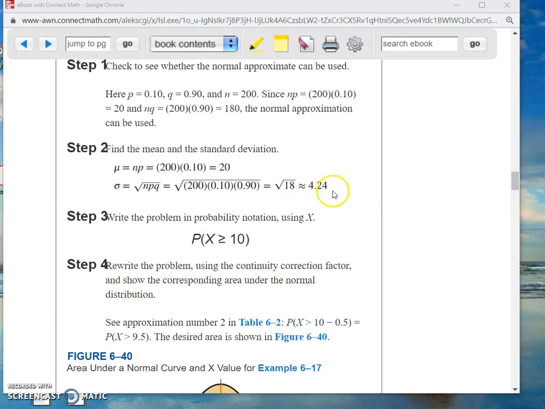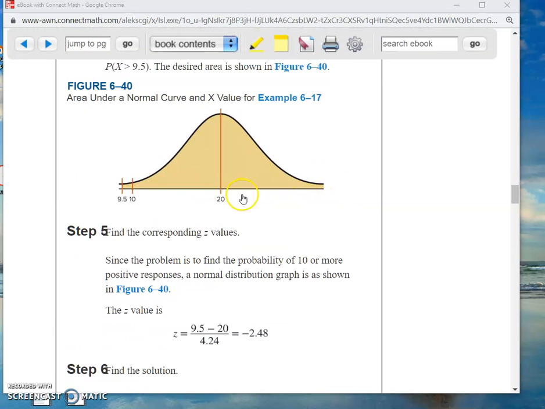Boom, there it is, 4.24. So we know everything we need to know: we've got our mu and our standard deviation. Do me a big favor and always write down the equation. Don't do it like the author does it. It's the source of so many errors. I've been doing this for more than a week or two, and I know what I'm talking about. Write down that equation: z equals x take away mu over sigma.